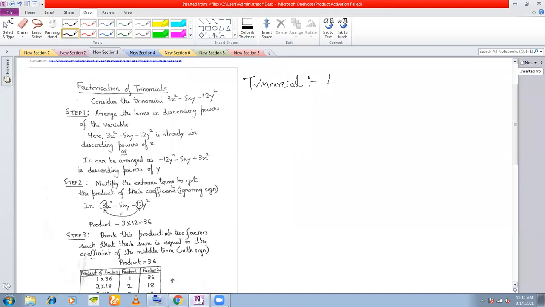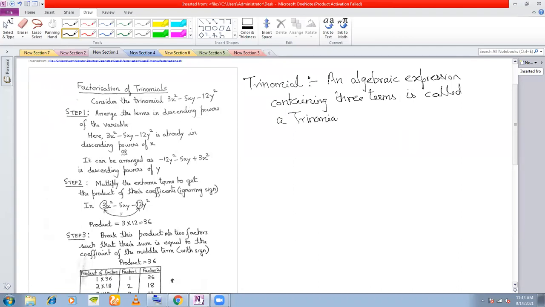An algebraic expression containing three terms is called a trinomial. Okay, so any algebraic expression which contains three terms is called a trinomial.